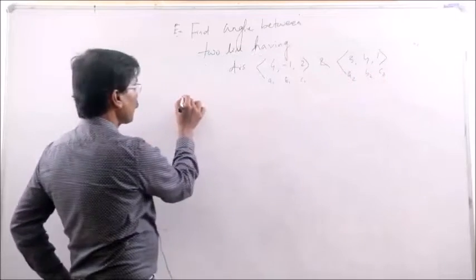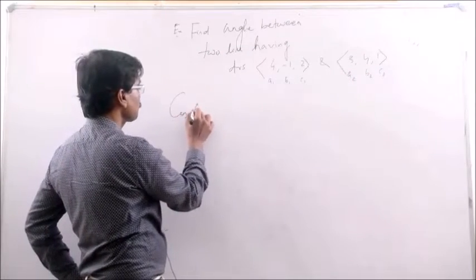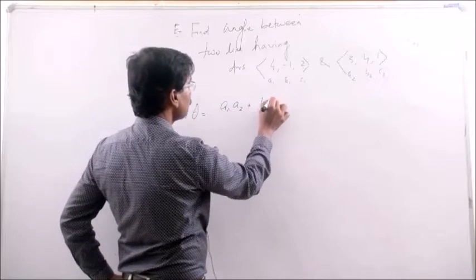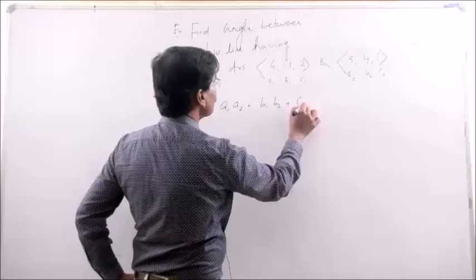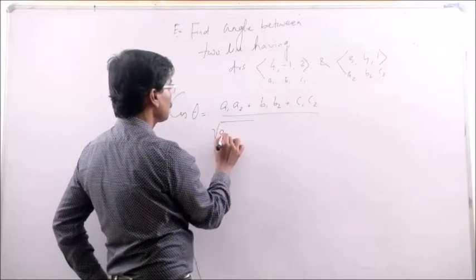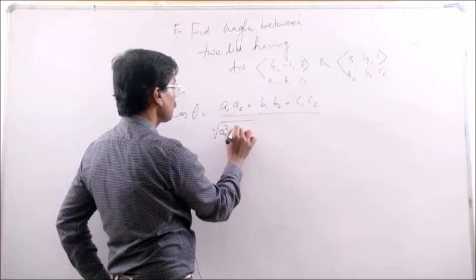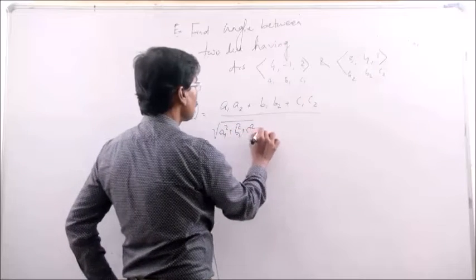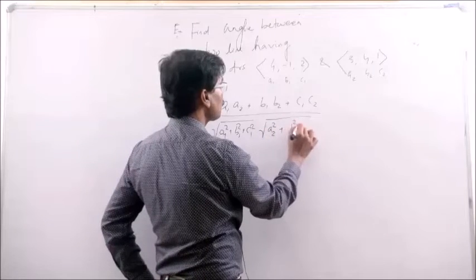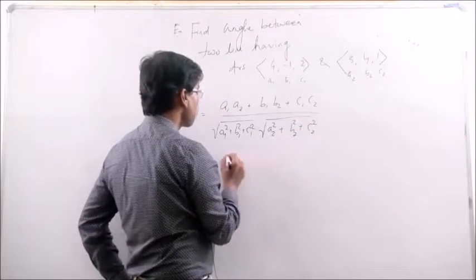So, cos theta is a1 a2 plus b1 b2 plus c1 c2 over root of a1 square plus b1 square plus c1 square into root of a2 square plus b2 square plus c2 square.